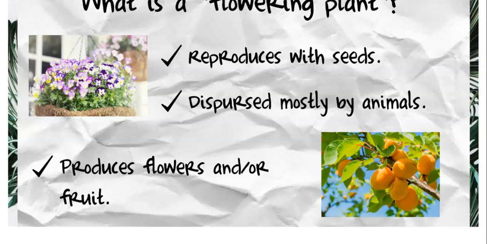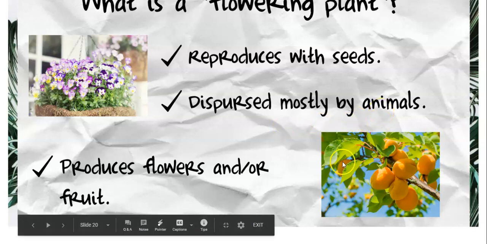And when you get back to school, we're going to do a lesson on different types of seeds and seed dispersal and how seeds travel. But these seeds are mostly taken by animals. And then you can see that here are different flowers, but a flowering plant can also have fruit as well. So a flowering plant not only creates flowers, but produces fruit too.